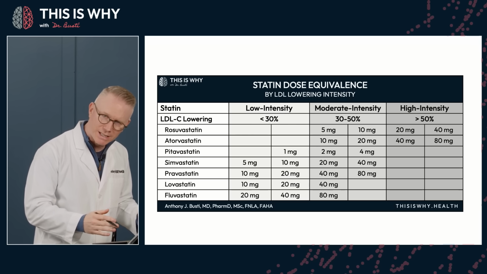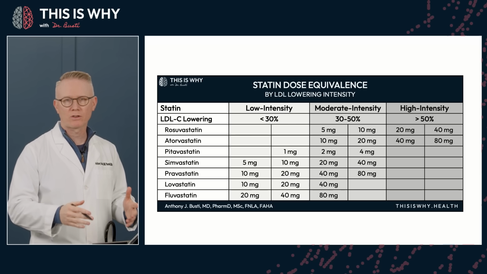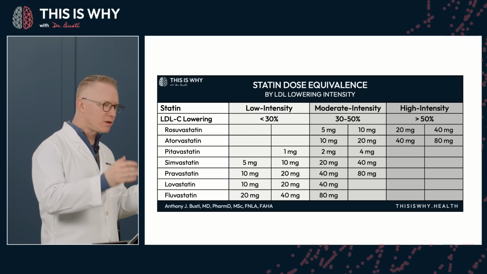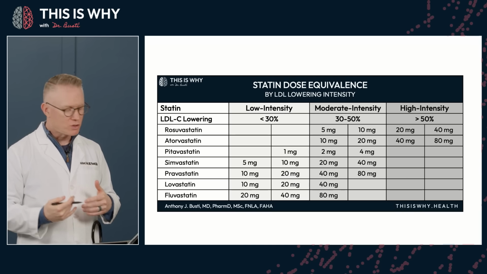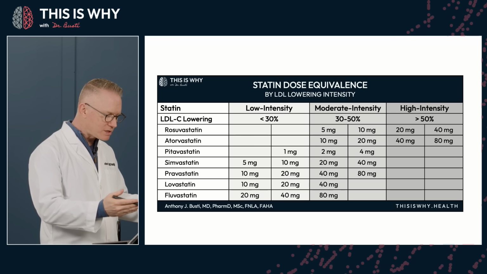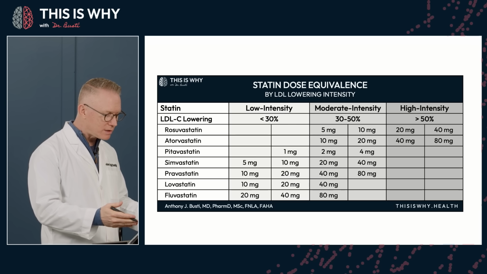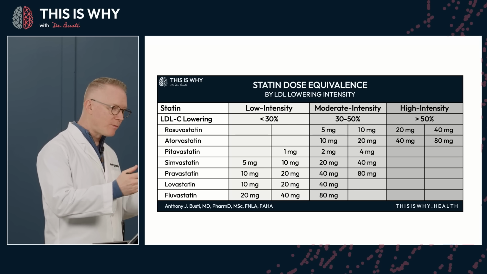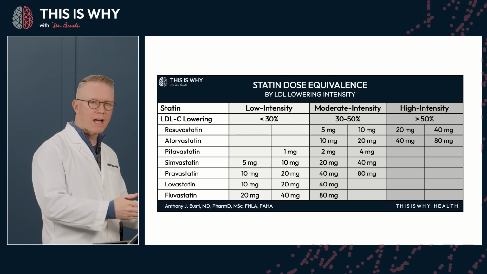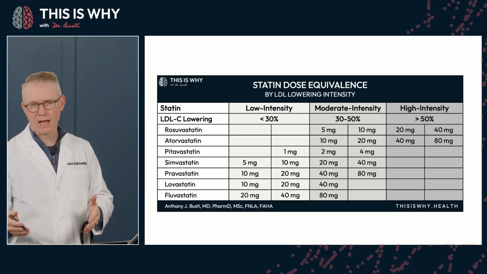This is about potency: how much drug do I have to give to exert the pharmacologic effect that I desire? So when you look at milligrams here, this is a dose equivalency chart. How do you convert somebody from one dose of one statin to another dose of another statin?